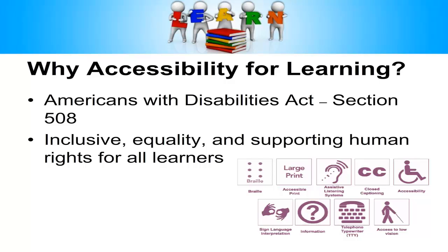Therefore, any electronic files distributed via the web or distributed as PDF files on email, or for that matter, interactive forms on the web, need to be made equally accessible for learners with disabilities.